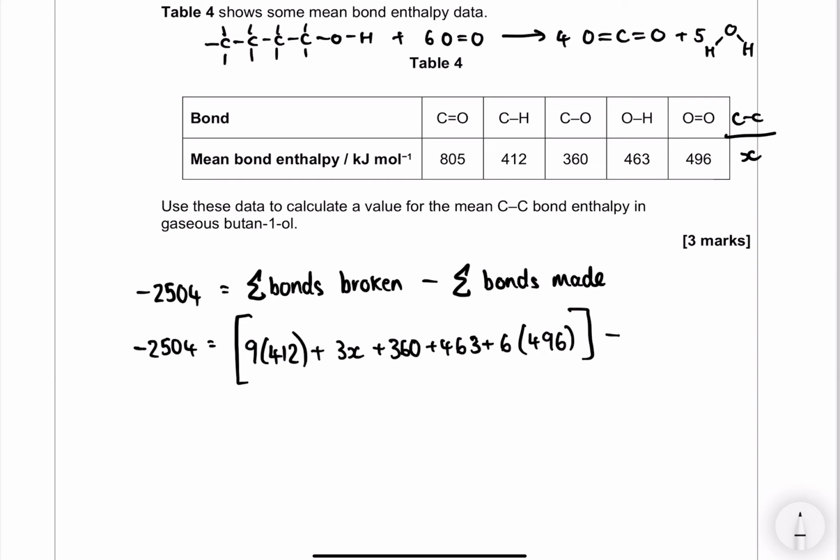And then we're going to subtract from that the bonds that we've had to make. So we're going to subtract from that 8 805s and 10 463s.